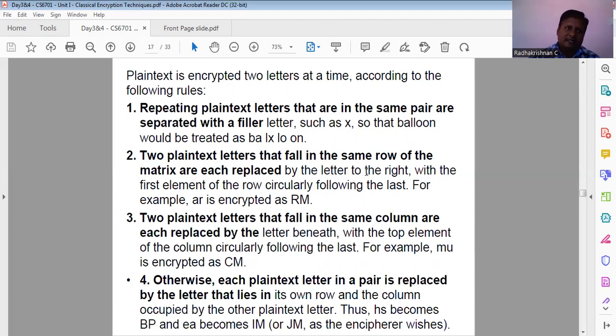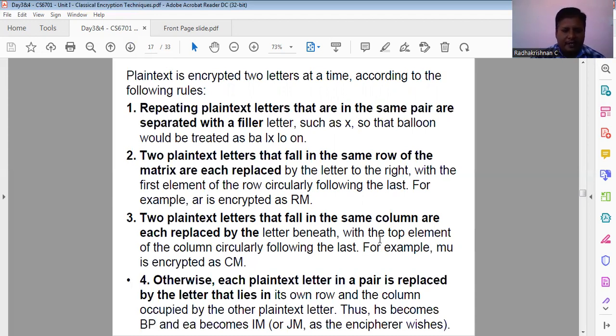Both letters in the same row means the corresponding letter on the right-hand side will be filled in. And two plain text letters that fall in the same column are each replaced by the letter beneath, with the top element of the column circularly following the last. For example, MU is encrypted as CM. We will see this in the example.